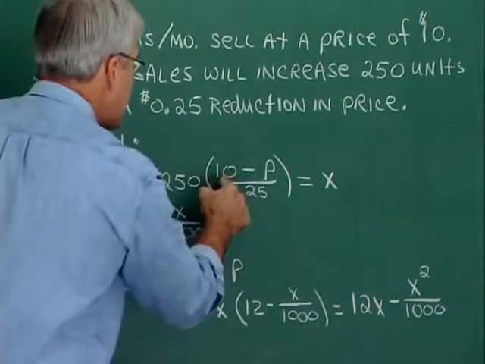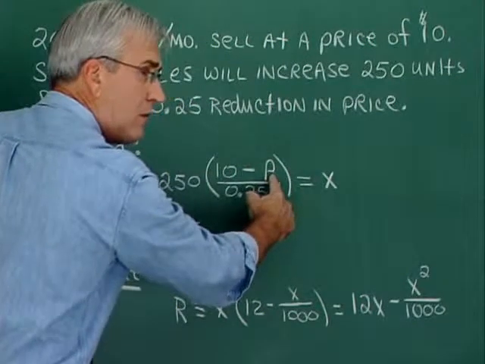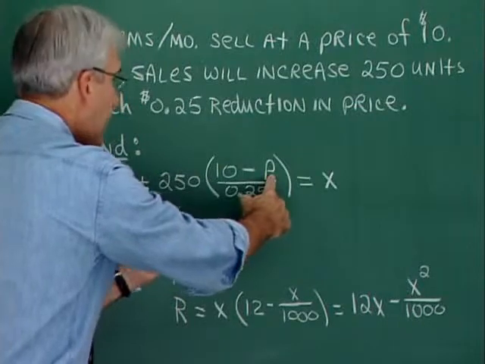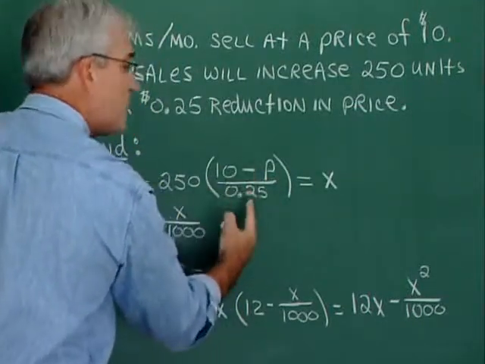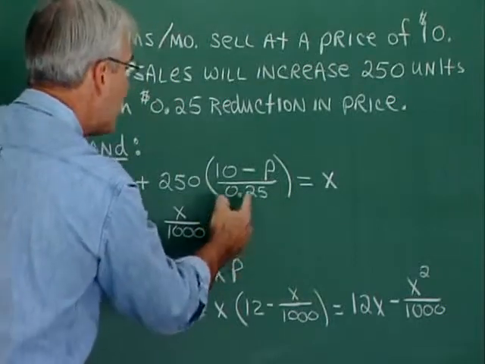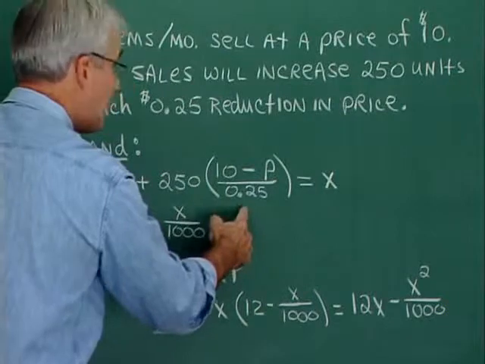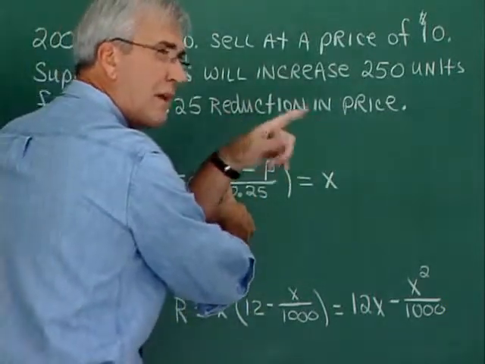But if we take $10 and subtract the new price, this reduced price, and then divide by 25 cents, in dividing by 25 cents we're finding the number of 25-cent increments in this difference. If we reduce this $10 price by 50 cents, that's two 25-cent increments.